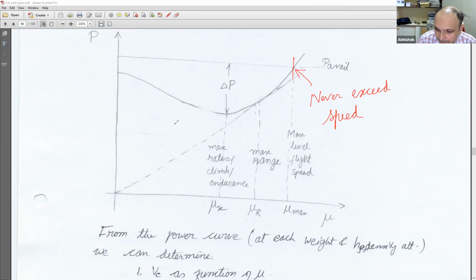Which physical characteristic of an aerial vehicle? Who can answer? Sir, efficiency. Efficiency is with respect to something, right? Efficiency can help you increase or decrease endurance, but it will not determine your endurance.